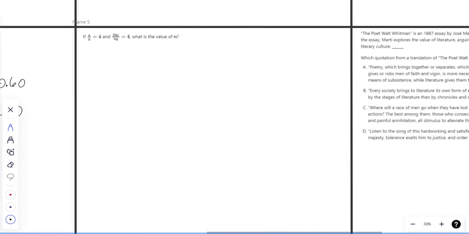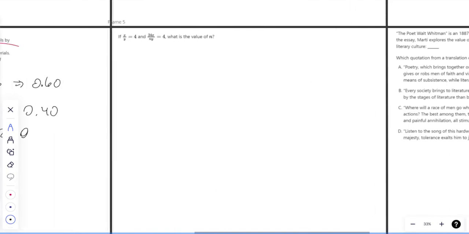Let's do the next one. This one's actually pretty simple. I think my cat can solve this one for us. It's asking, if x over y is equal to 4 and 24x over ny is equal to 4, what is the value of n? Well, x over y equals 4, and 24x over ny is also equal to 4.